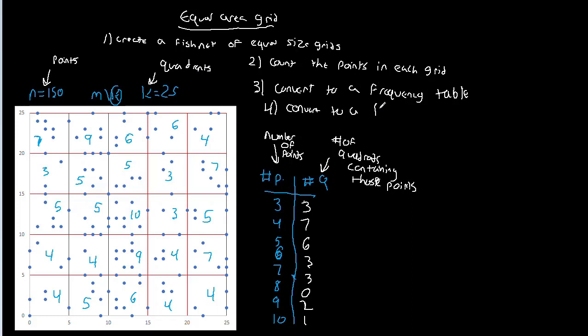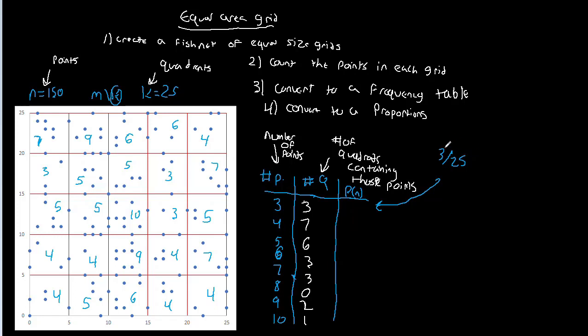We can convert the frequencies to proportions, and all we do to do that is simply divide each row by the total. We're going to call this P of n. This is the probability or the proportion of quadrats under this specific observed data set that have this number of points in them. To show you how this works, this one right here is going to be 3 over 25.